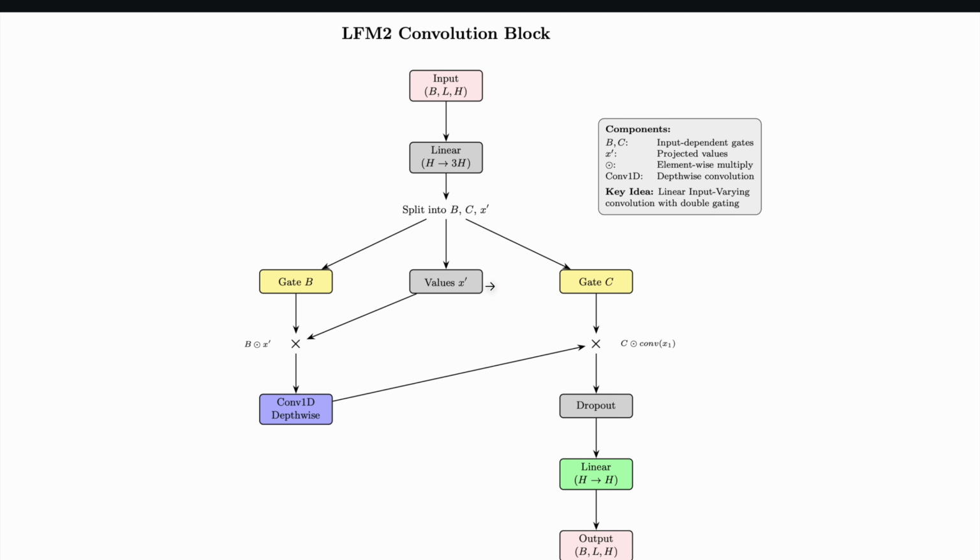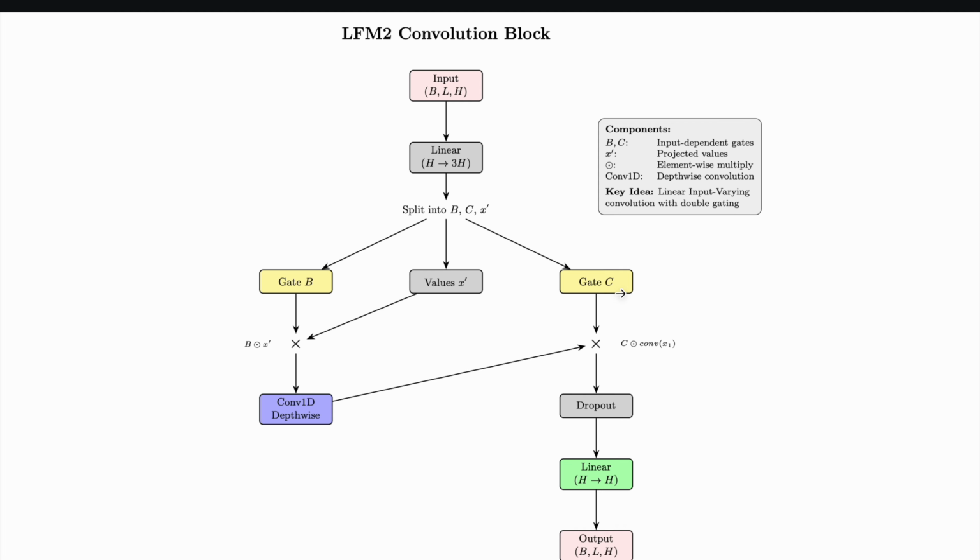Then the input is multiplied by the first gate. This means the input is dynamically scaled by B, which depends on the input itself, so it can change based on how the input looks. And then we have convolution and the second gating, gate C.